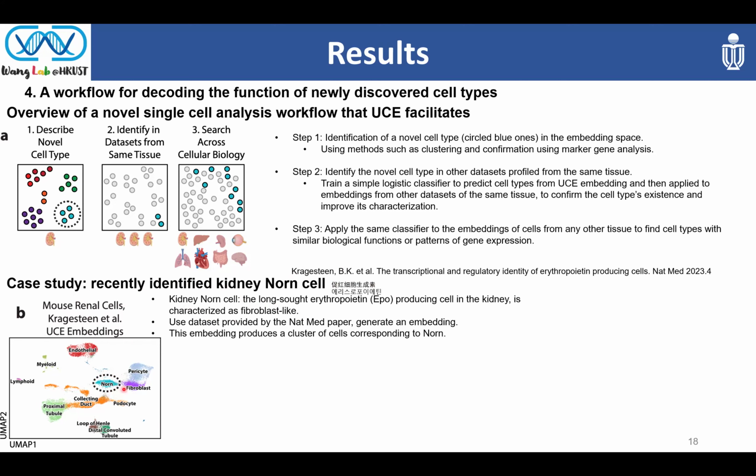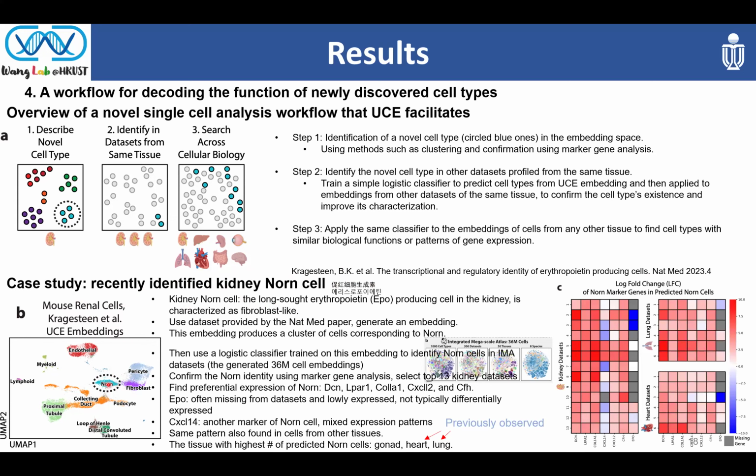So they first identify that maybe here is a novel cell type. Then they train a logistic classifier on this embedding and apply it on the previously mentioned 36 million cells. This is a kidney dataset, and this very large dataset also contains some kidney cells.